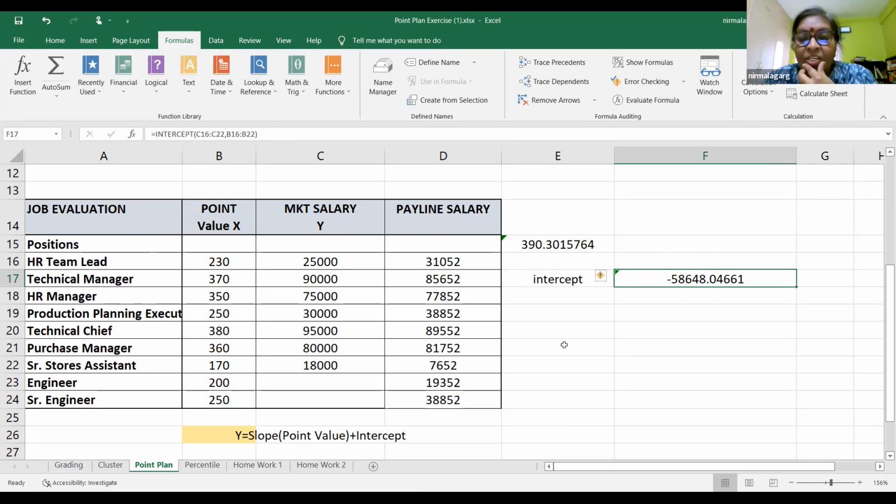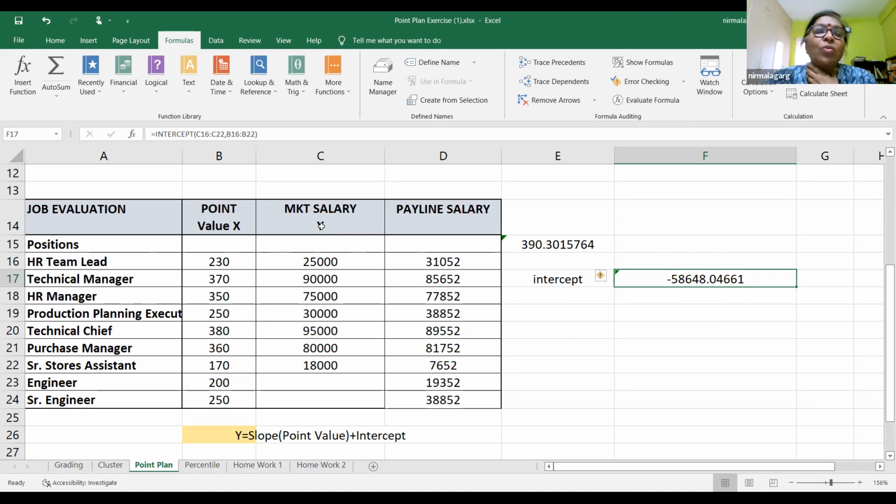Now you have calculated here. What have you calculated? Slope value, intercept value. Now, what are you trying to do? Through regression, you are calculating, if this is the market salary per month, what should I be paying in my organization? It will predict what you should be paying, which is called a pay line salary.